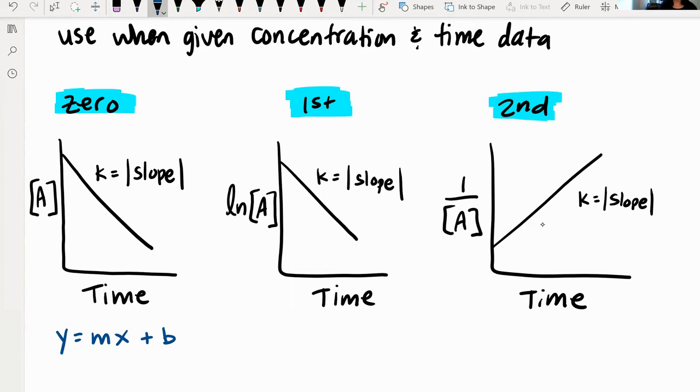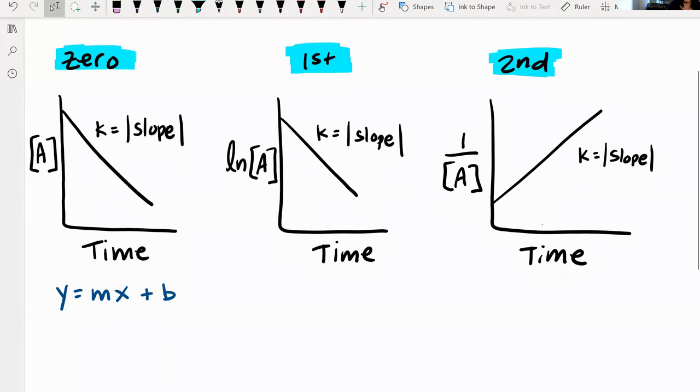And so I'm going to, instead of writing y, I'm going to write the variable that we have plotted on the y-axis for our 0th order graph. Since I have A plotted, I'm going to substitute A instead of Y. M is your slope, right? And we just said the slope is K. So we're going to replace the letter M with K, your rate constant. But because it's a negative slope, I do have to put a negative sign there.